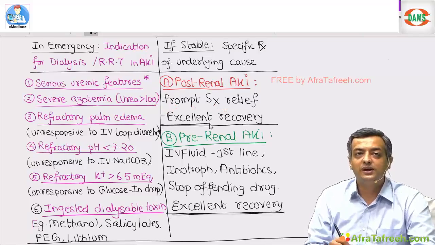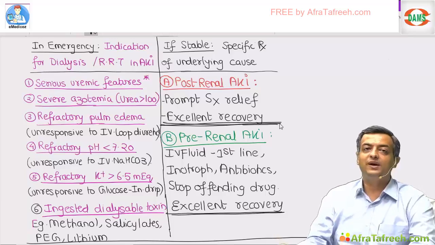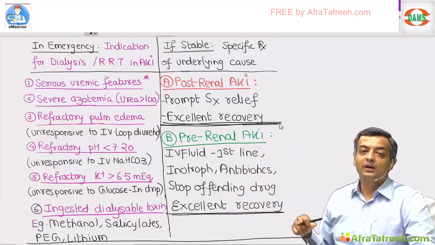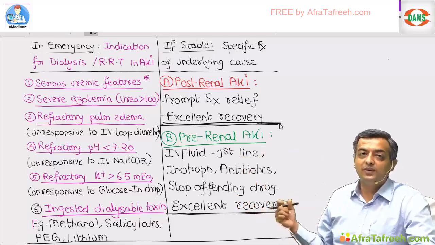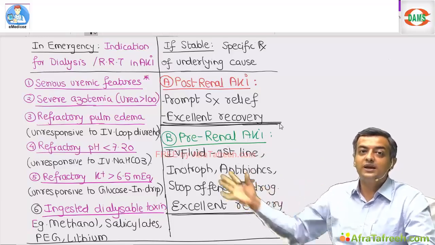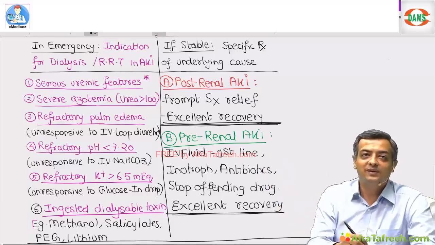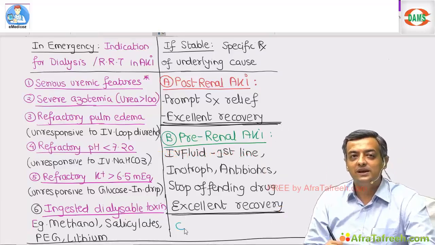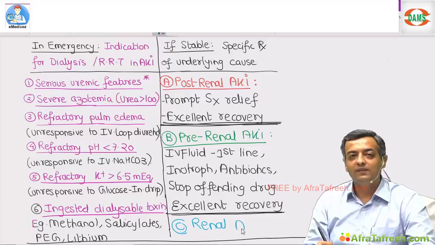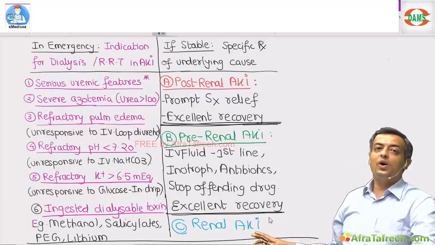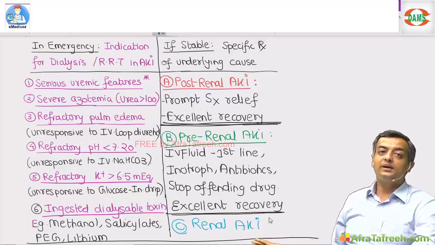So post-renal is 1 to 5%, and 85% of pre-renal patients have recovered and gone home. That means 90% of acute kidney injury patients went home, so how will our own home run, right? So for that we have number C, renal AKI, which is not common but important.